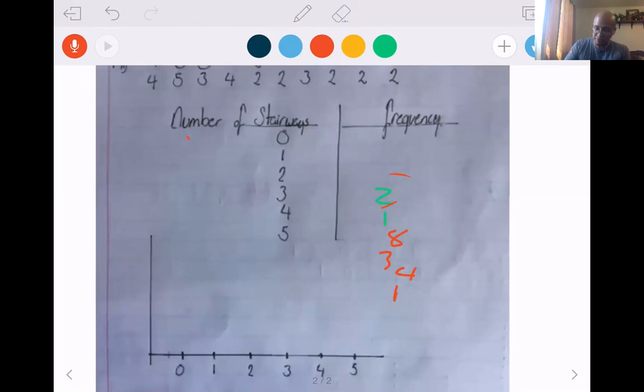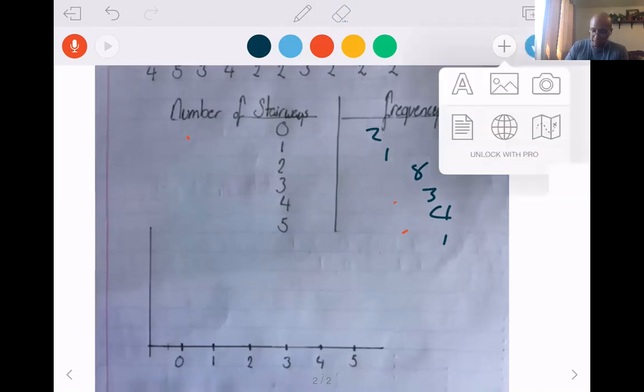Okay, I know I kind of shifted this a little bit, so let me rewrite this. So we had 2, 1, 8, 3, 4, and 1. Okay, so how are we going to label these? The number of stairways is going to be on the bottom.